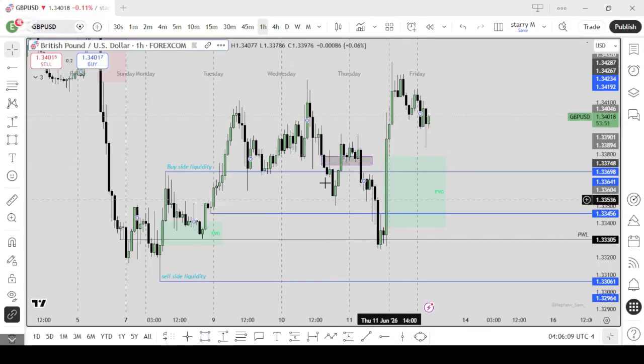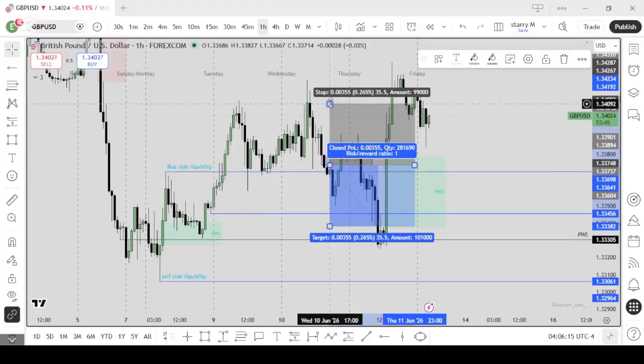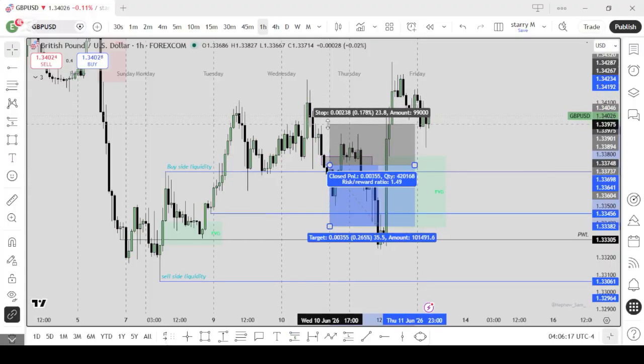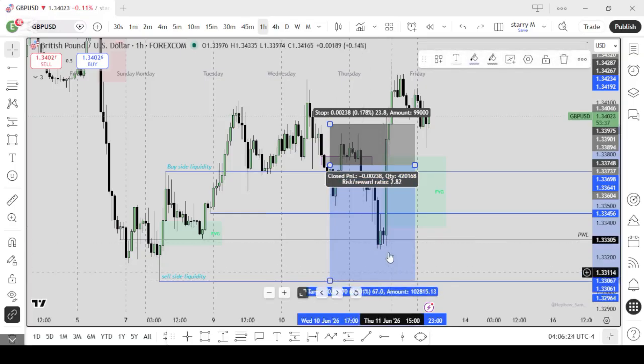So I saw this, and this could have been one of the entries. This is a swing high, and my target was sell side, and you see it's still not giving me a 1:4, and so I just discredit.